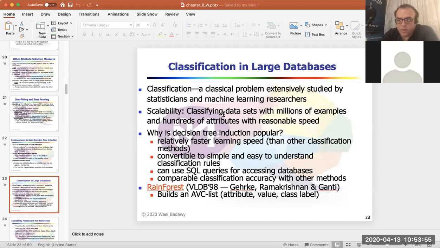If you want to understand what they mean, classification in a large database is basically running an SQL, or running a query over specific attributes, and this query will be an approach of how to build this data.